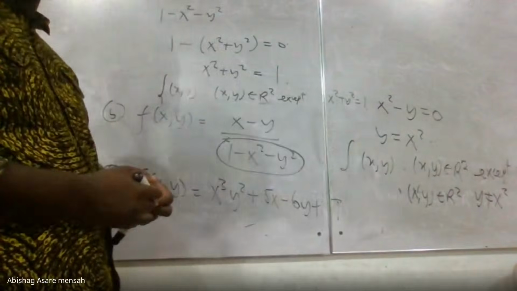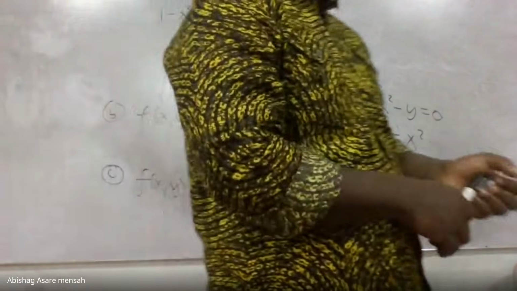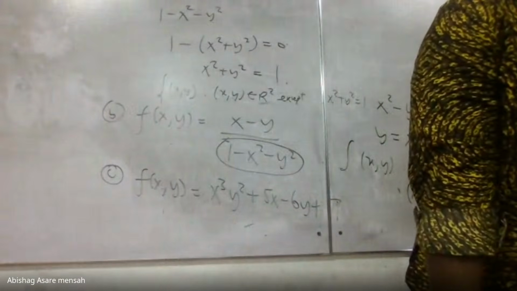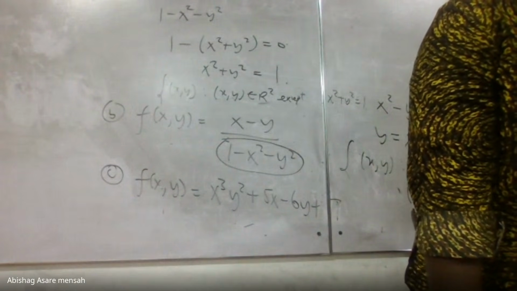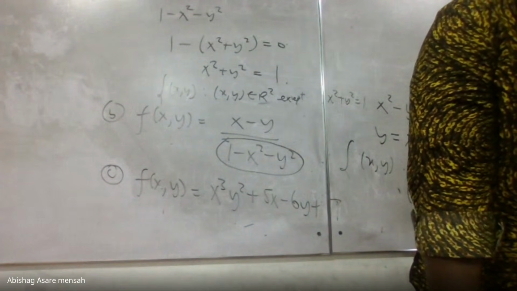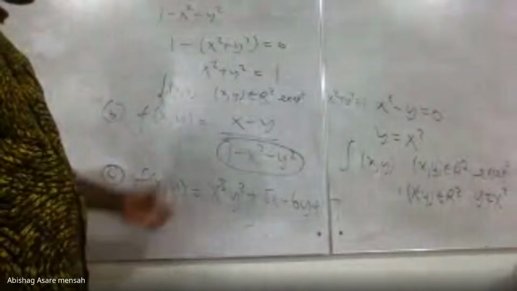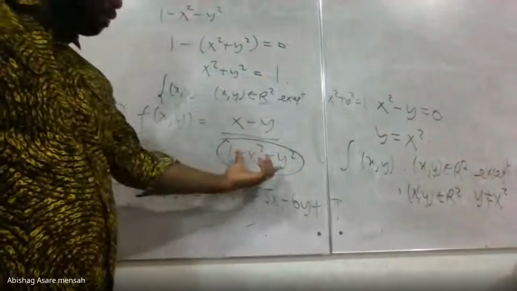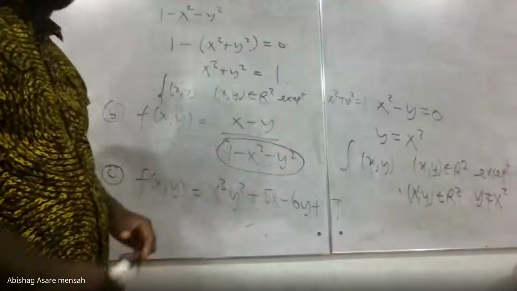The moment x squared plus y squared equals 1, the function becomes discontinuous. Are you okay with it? The moment you put them together and it gives you 1, it makes this function discontinuous.